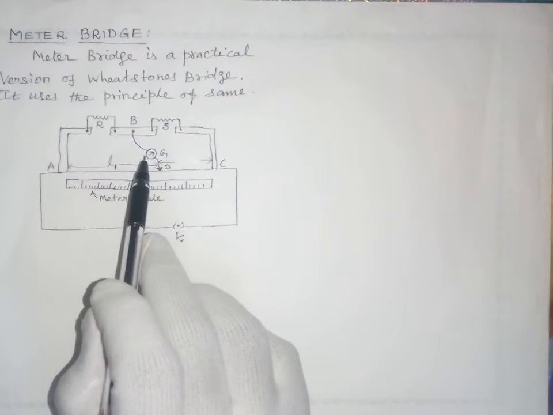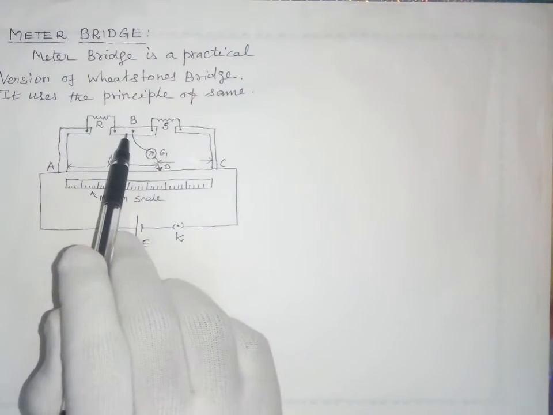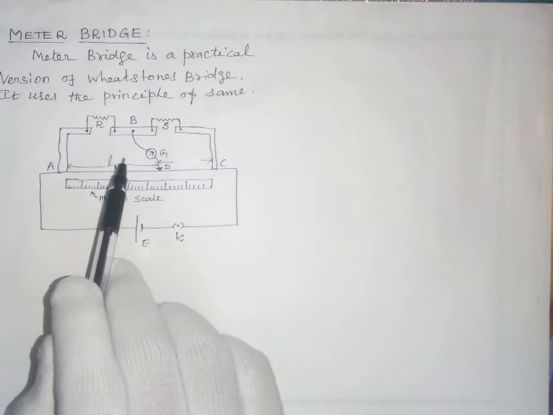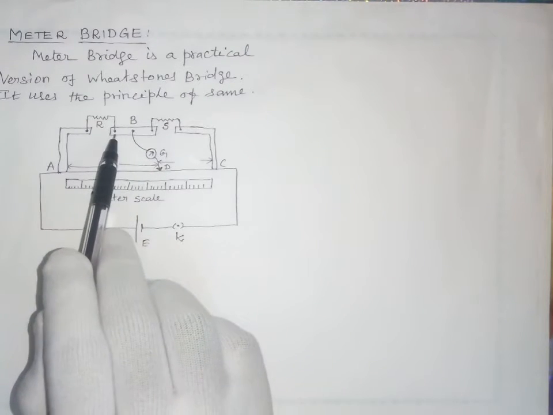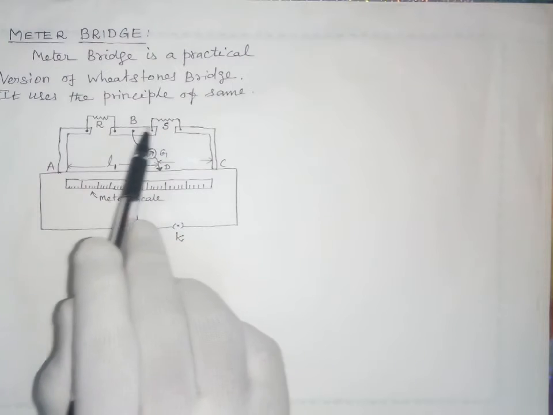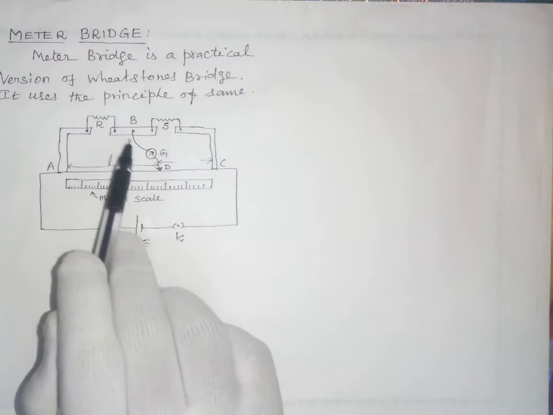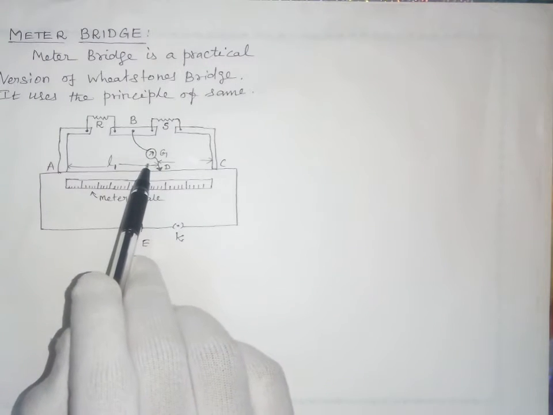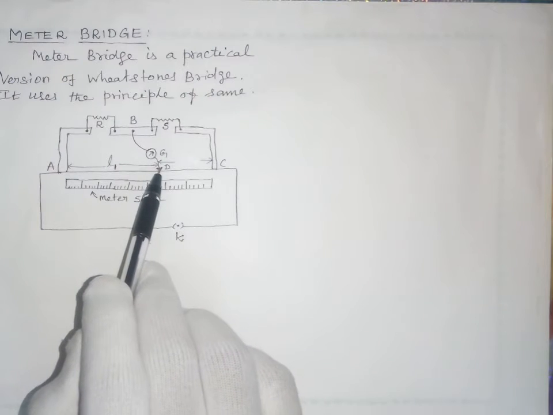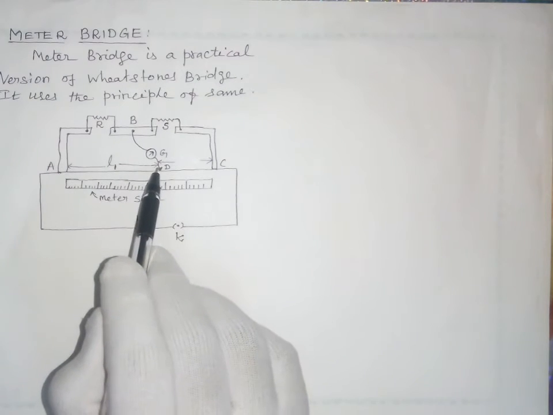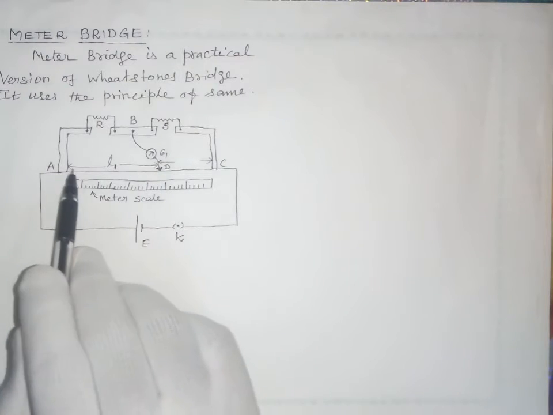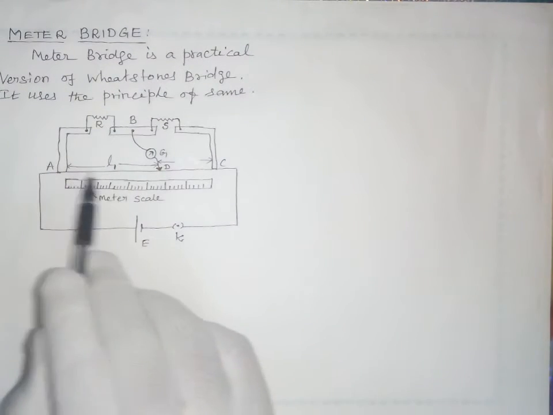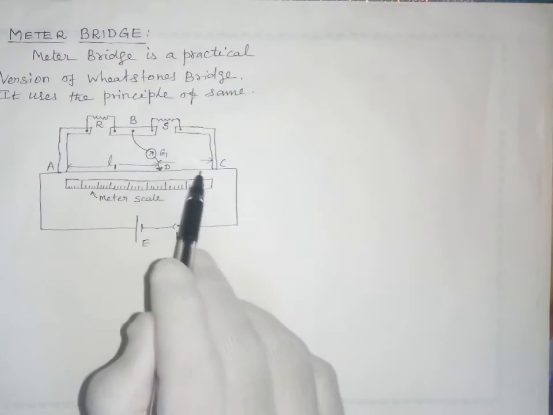The galvanometer is connected between the points B and D, that is, in between R and S, and the second end of the galvanometer is connected to a jockey, which is a metallic rod used for sliding over the 1 meter wire to make the electrical connection.